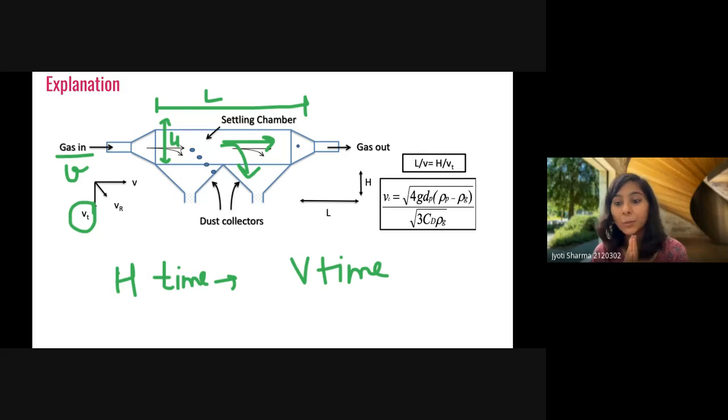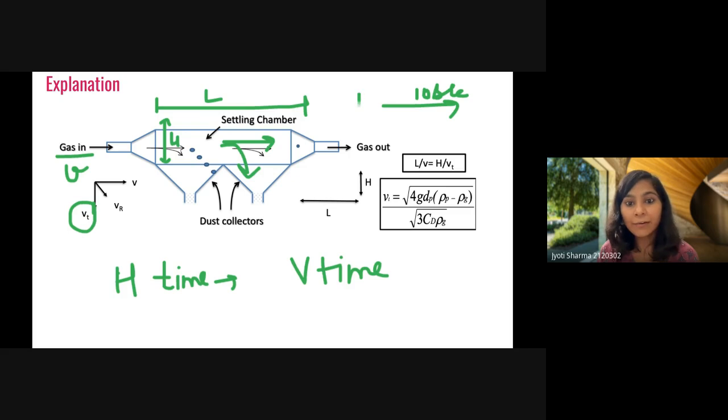Vertical time. So Venkateshwara told me that vertical time should be less. It means if it takes 10 seconds to move from this L1 to L2, then to move from here, let's say this is H1 and this is H0, it takes just 5 seconds.